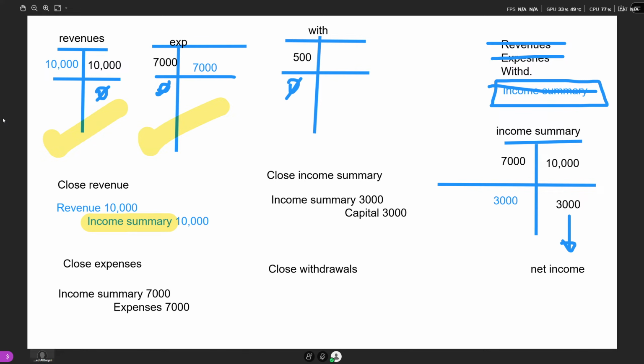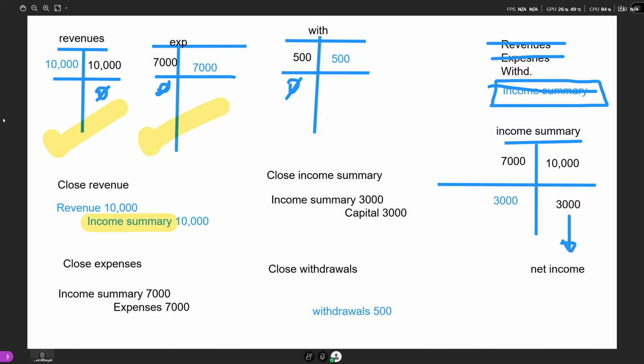So how can I close withdrawals? I must credit the same amount, 500. So what I'm going to do to close withdrawals, I will credit withdrawals by 500 on the credit side.